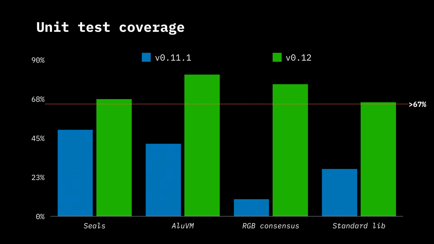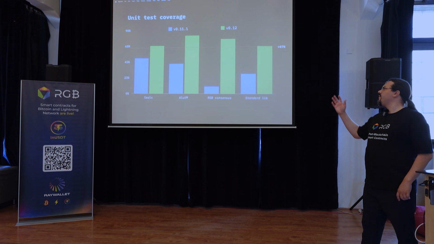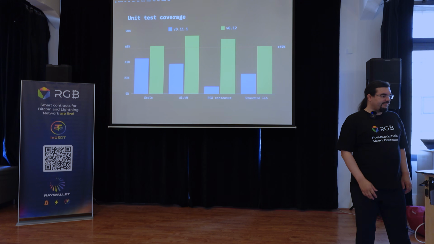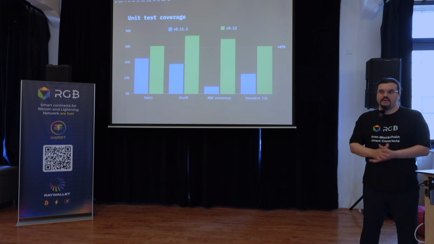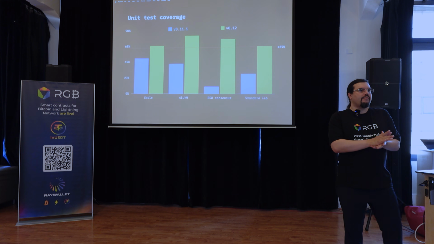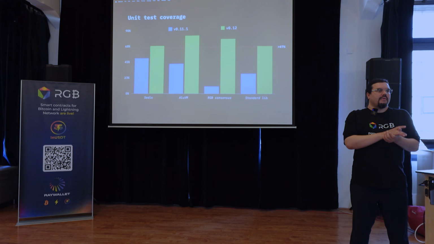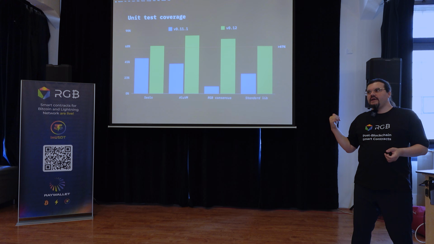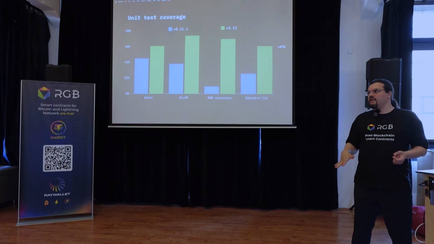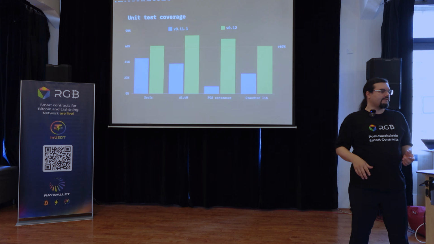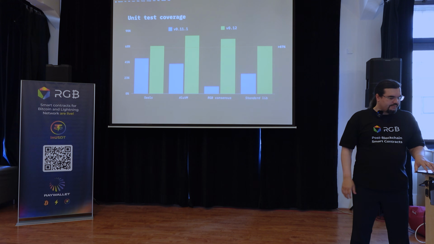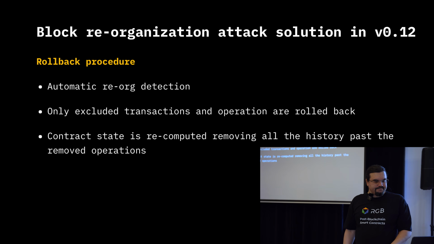We brought it up to more than two-thirds of the whole code base, and we are happy that the consensus code, and especially Alluvium, is covered for about 90% of the code base. In this way we can make sure of some attack scenarios, because these unit tests include attacks at the consensus level, different scenarios of attacks. We make sure that RGB is really production ready.